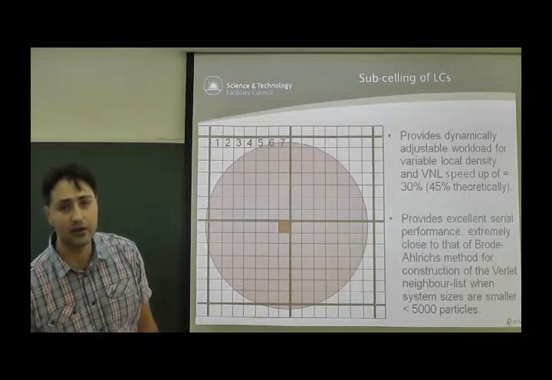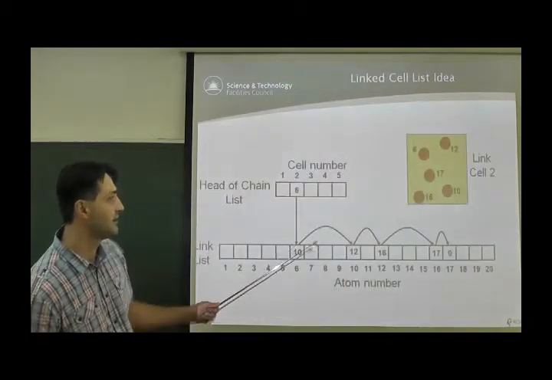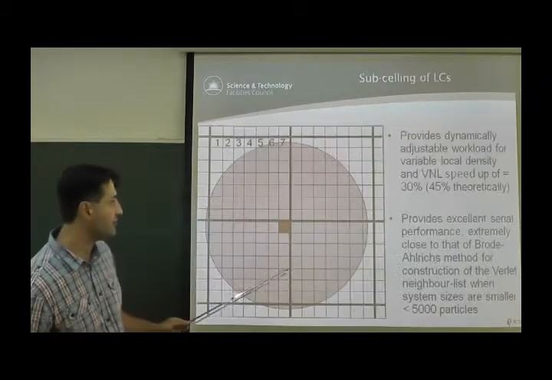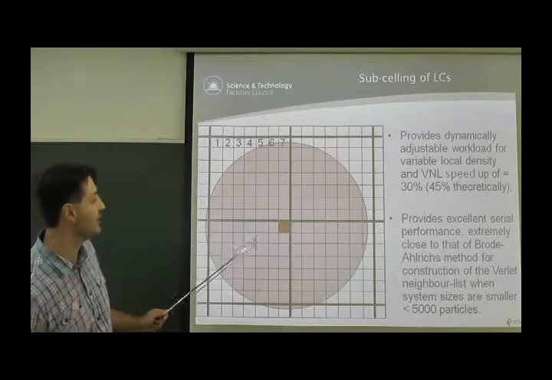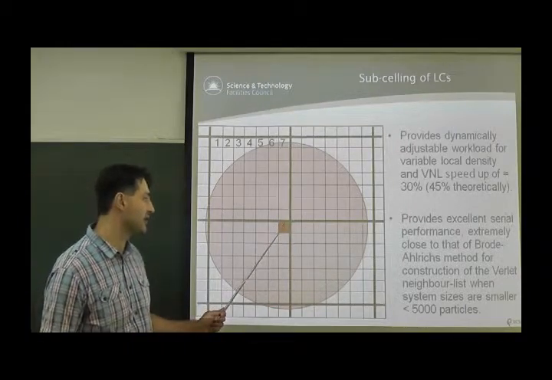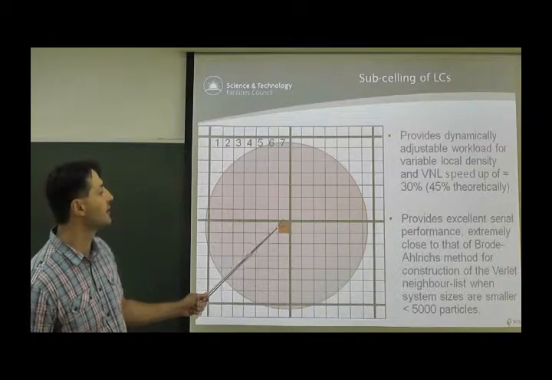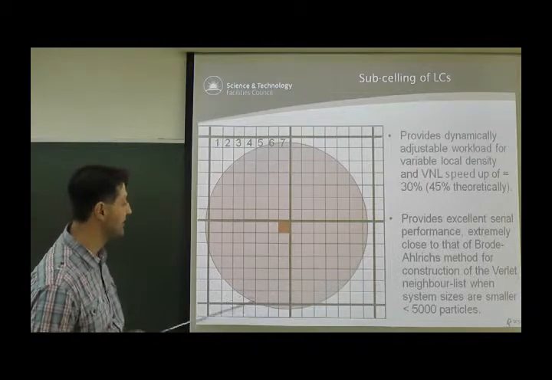Of course, this concept of link cell list can be improved. So now, imagine that this link cell depicted here is actually this size. We can impose a finer mesh. And for example, if we have a particle here in this link cell, we know that this particle only interacts with particles that are in the finer mesh that are contained in this sphere.